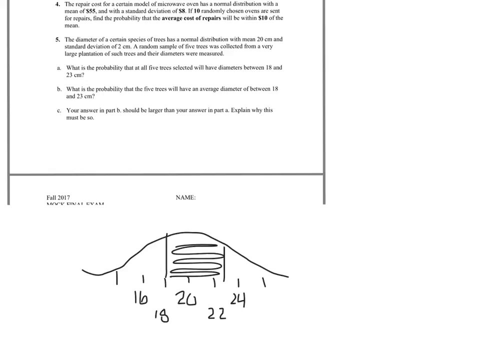So we're going to have to do something similar to what we did today, except that this isn't about a mean, it's about an individual tree. So we're going to find our z-score for randomly picking an individual tree with a diameter between 18 and 23 inches. So our first z, we'll use the lower diameter. The mean given was 20.